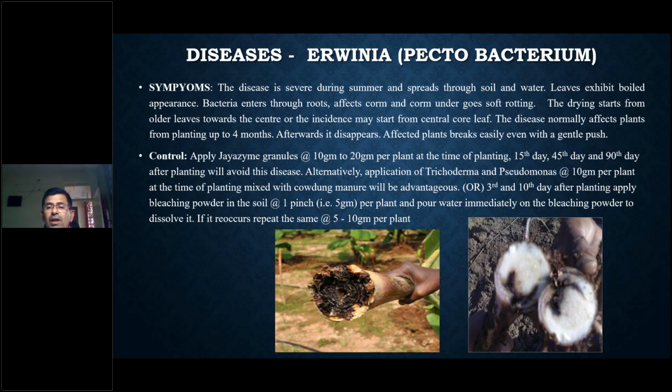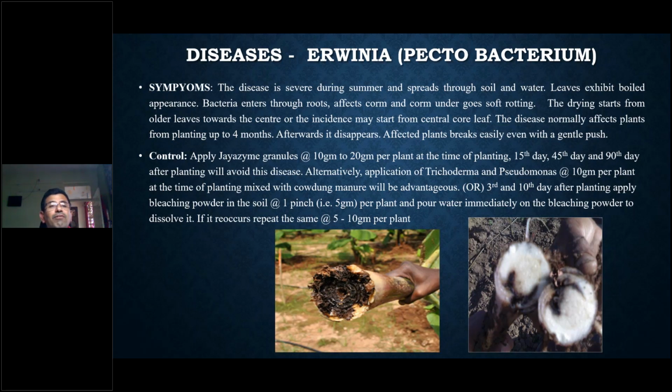Whenever the plants face uncomfortable situations like harsh climate, excess watering or excess temperature, when the plants are under stress, the bacteria easily enter the plant system through roots and affect the corm. Soft rotting will be there in the corm. The drying starts from older leaves towards the center leaf, or the incidence may start from the center core leaf.